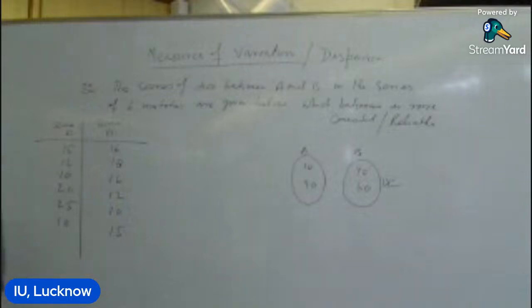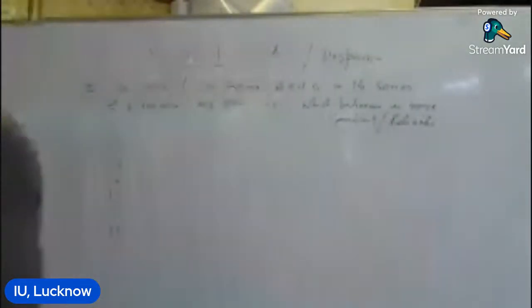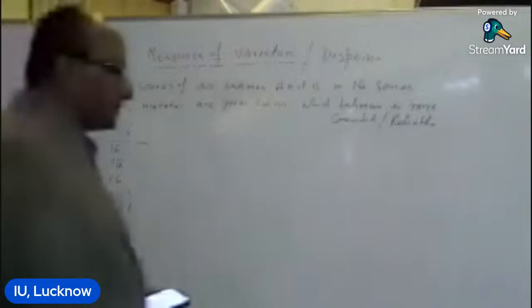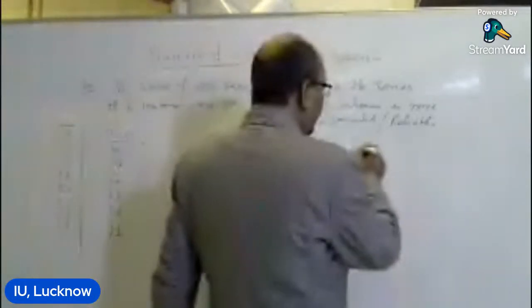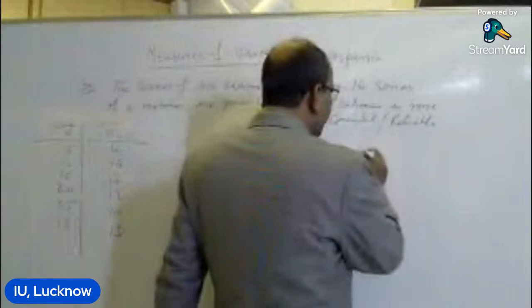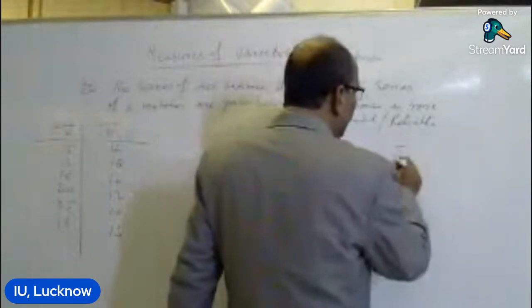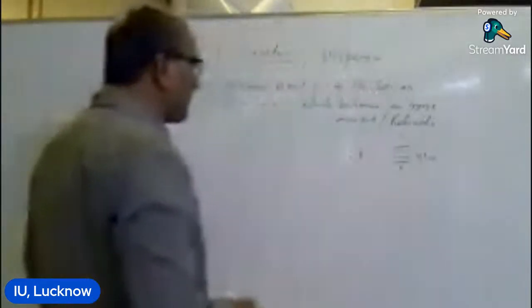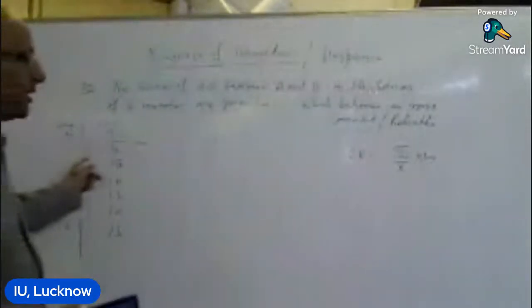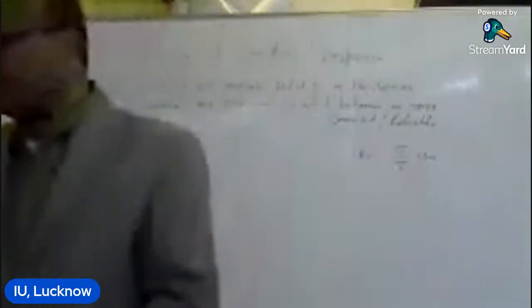In such questions, we use the coefficient of variation, and we already have the formula: coefficient of variation is standard deviation divided by mean into 100. We will find the coefficient of variation for each batsman, and whose coefficient of variation is less will be more consistent.